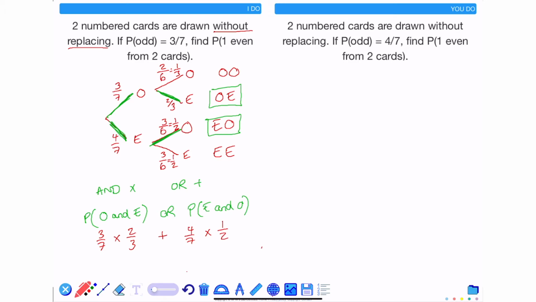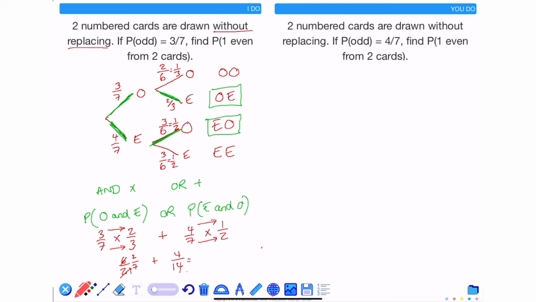Whenever we multiply fractions, we multiply the numerators and the denominators together. So this gives me 6/21. Add on 4 times 1, which is 4, 7 times 2, which is 14. Both of these fractions can be simplified. Looking at 6/21, this can be cancelled down to 2/7.